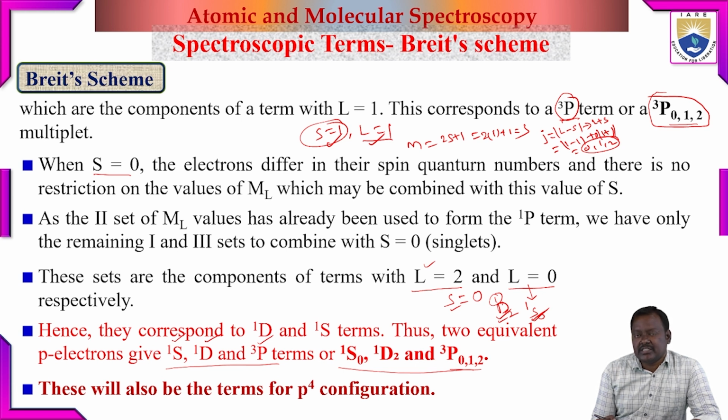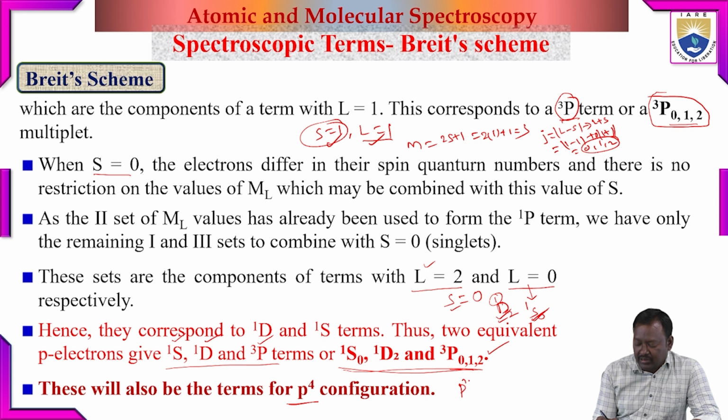And as we discussed in the earlier lecture, for equivalent electron configuration, the spectral terms are the same for p4 also. So p4 electron configuration is also having the same spectral terms.